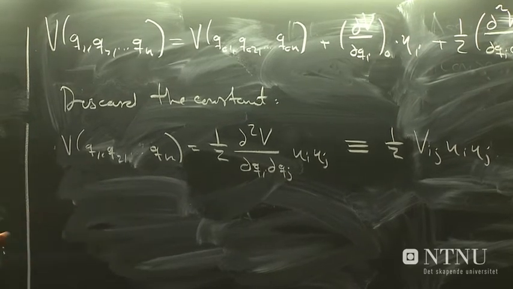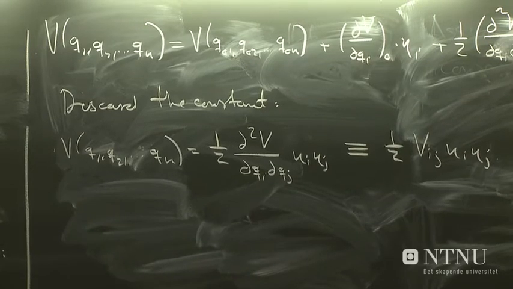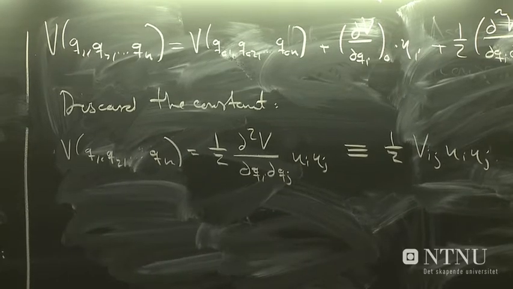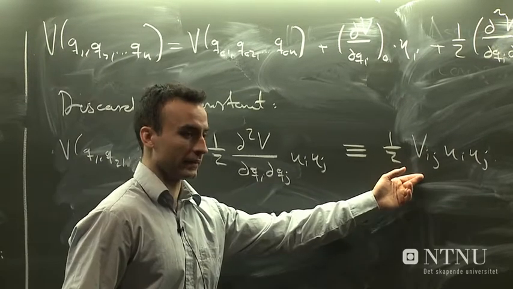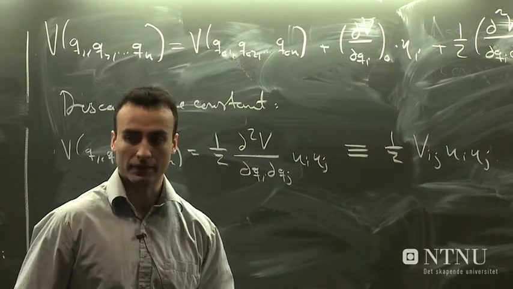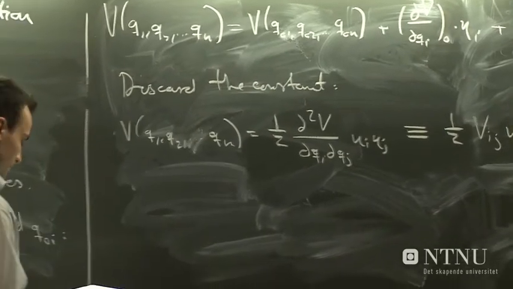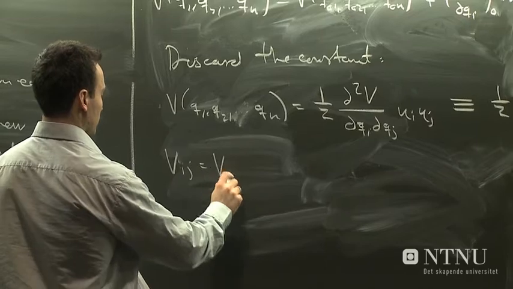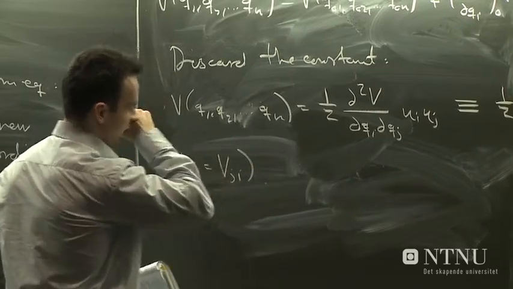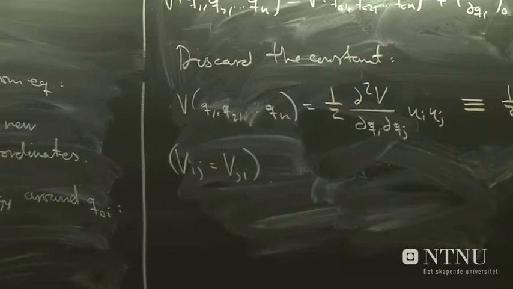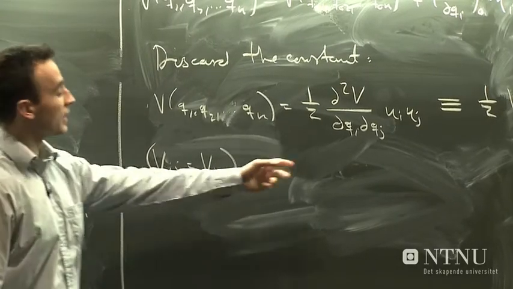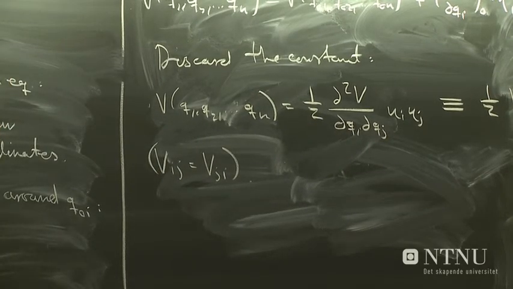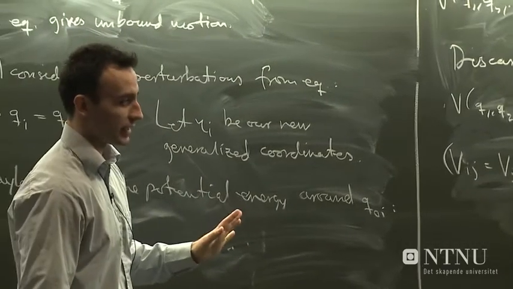So what this equation tells us is that the potential energy at the value of a generalized coordinate slightly perturbed from the equilibrium configuration is given like this, where eta i and eta j are the perturbations. And as long as V is a well-behaved mathematical function, we also have that it's symmetric. We can just exchange the order of derivation.